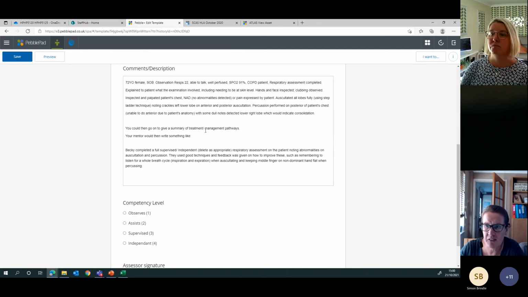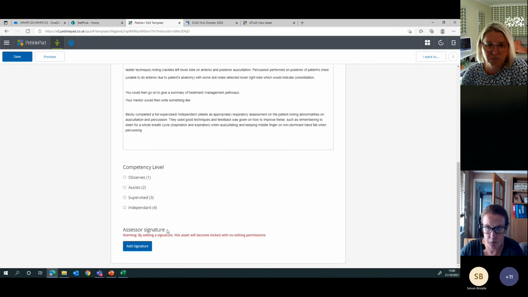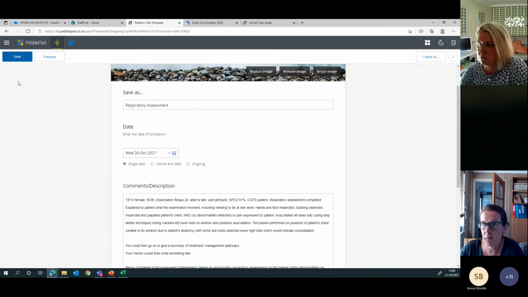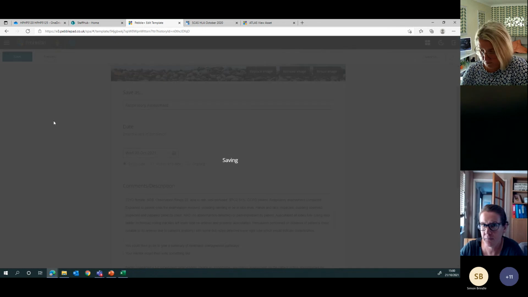The student could then go on to give a summary of treatment and management pathways, and if you wanted to, you could write a little paragraph as the mentor or clinician working with them as to what that student did. So, completed a full supervised respiratory assessment. When you're filling this in on the road with the student, you then click to what level the student completed that skill to, and then you sign it. So that's where it would appear in their workbook.